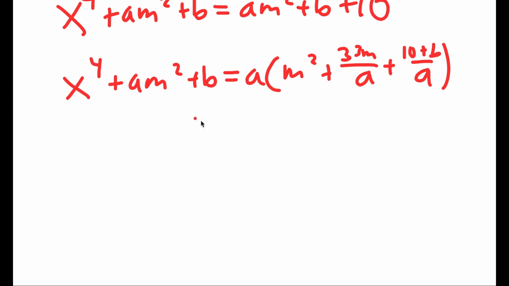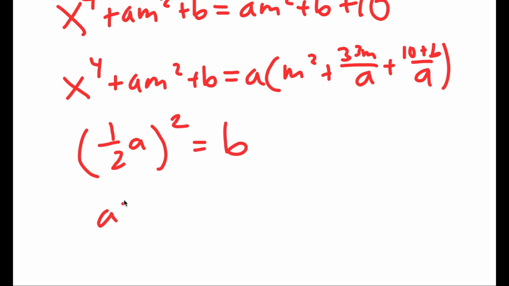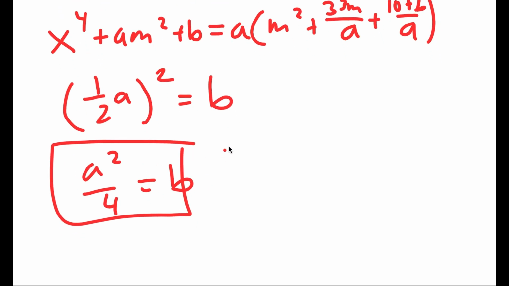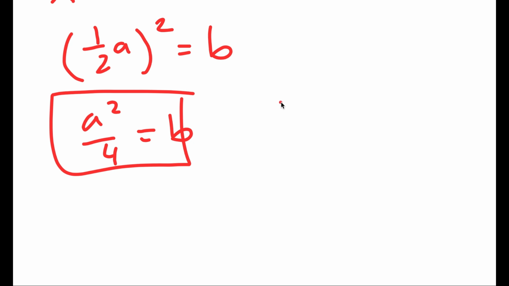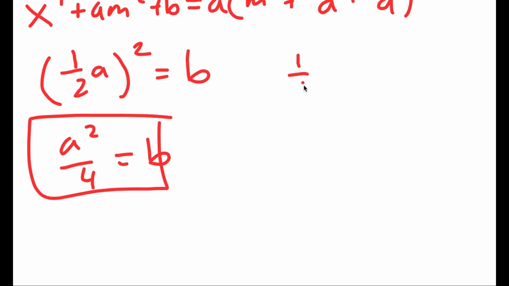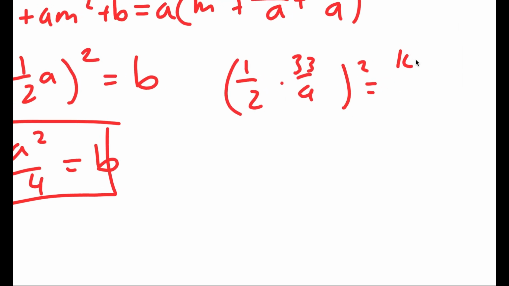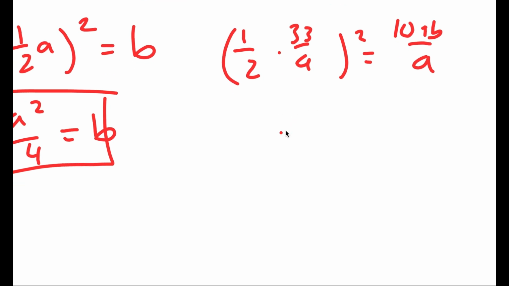And what we're doing here is we're making a perfect square on both sides, meaning 1/2 of a squared is equal to b, so a squared over 4 is equal to b. So this is the relationship. So in this case, 1/2 times 33 over a, squared, is equal to 10 plus b over a, meaning 33 squared over 4a squared is equal to 10 plus b over a.